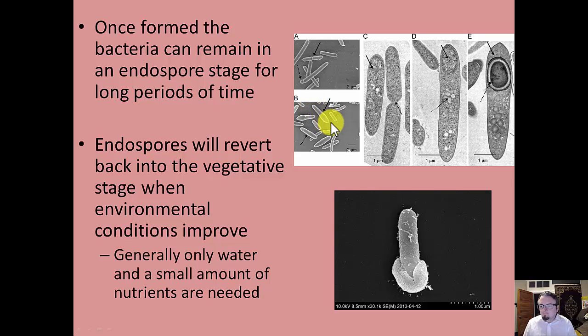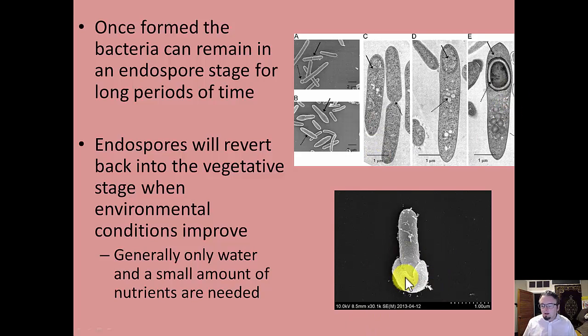From a cross-sectional view, you can see the endospore forming on one end, and here in part E of this figure you can see an endospore that is fully formed, and you can see how that makes the cell kind of bulge on one end, as you can see down here. So that's what basically happens. It's like a seed growing within the bacteria. I call it a seed only loosely. It's not actually a seed. It's an endospore, but it's almost the same kind of concept as a seed.